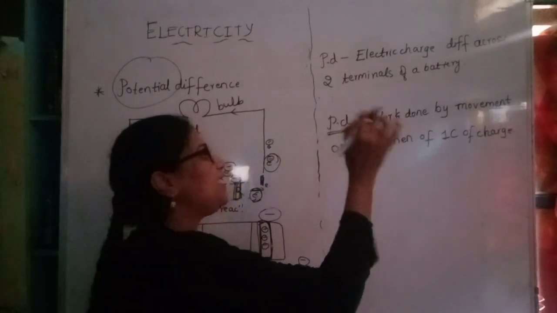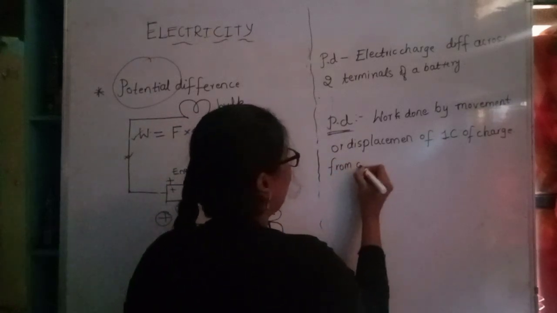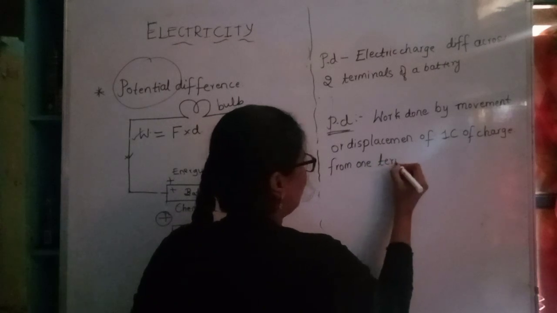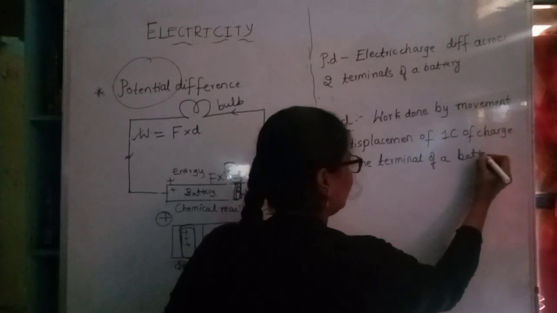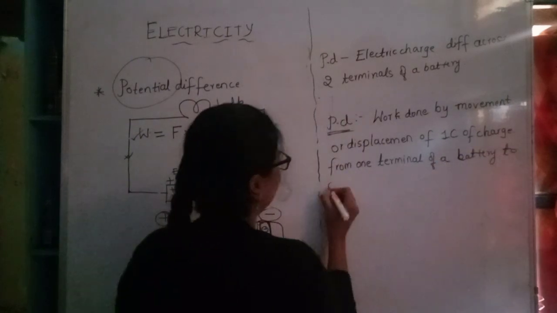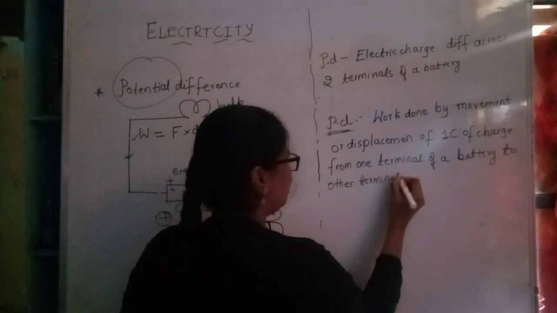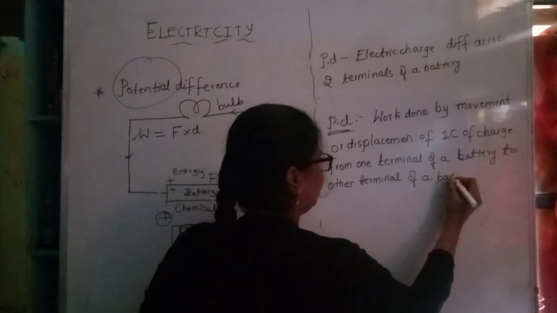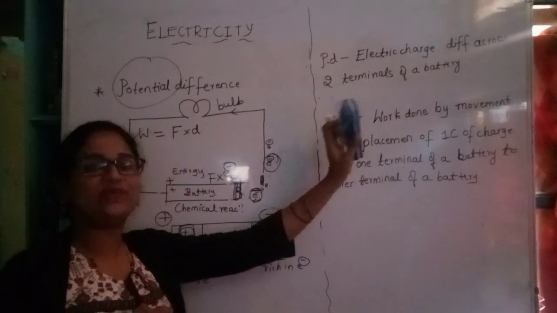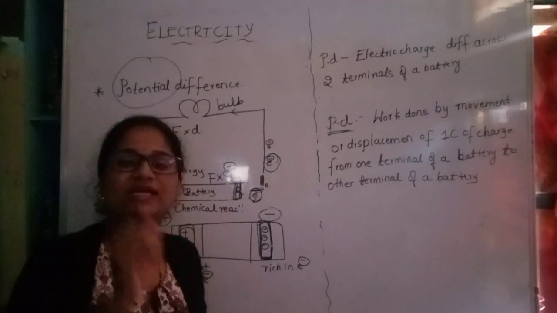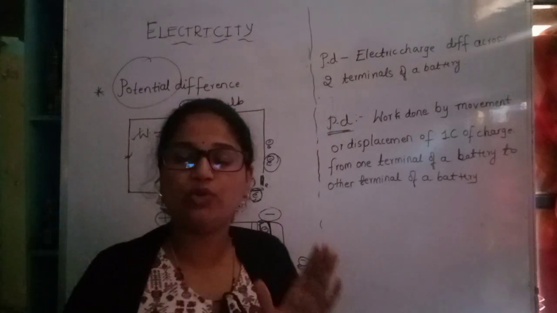So here, the work done by displacement of 1 coulomb of charge from one terminal of a battery to the other terminal of a battery leads to the formation of an electric charge difference, which is called the potential difference. So this is regarding the potential difference about the battery.